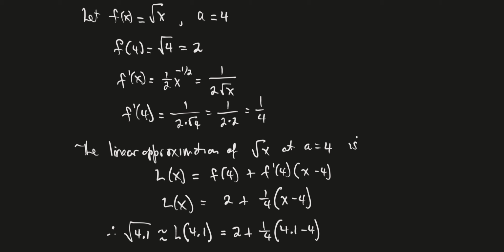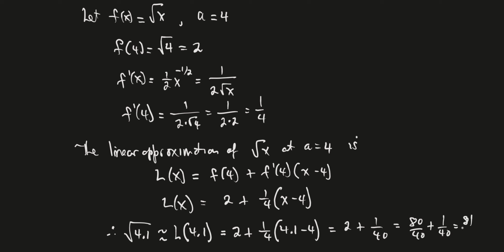Well, 4.1 minus 4, that's just 1/10. So that's 0.1 or 1/10. I just prefer fractions. And then 1/4 times 1/10 is 1 over 40. So then, if I get a common denominator of 40, I'll have 80 over 40 plus 1 over 40.